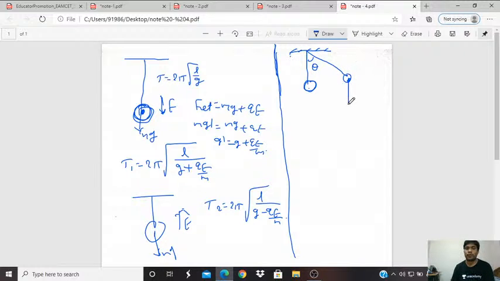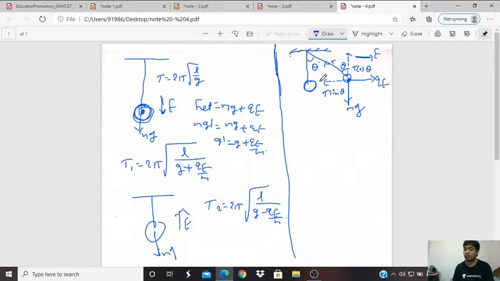So at this point, say it is Mg. Here horizontal now, so in the horizontal direction the field is acting. So due to electric field what is the force? QE, in this direction. It is theta now, it is also theta. So tension will resolve: T cos theta, T sin theta, right?